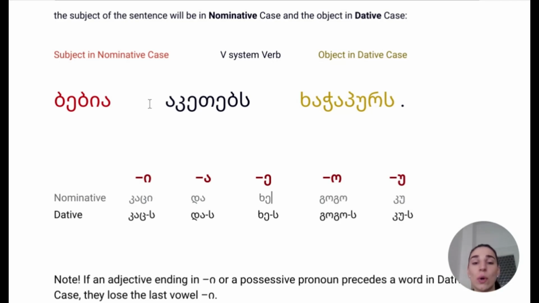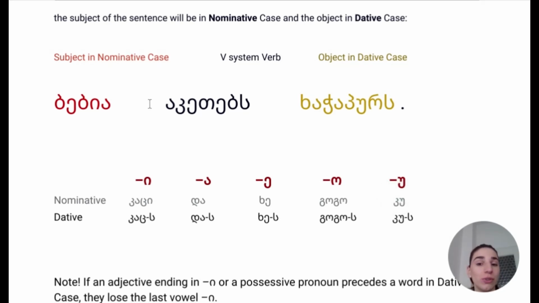Gogo means a girl, and it becomes gogos. If it was a word like poto, then it would be potos. Ku means a turtle, right? Do you know Kustba in Tbilisi, Turtle Lake? Kustba means the lake of the turtle, Turtle's Lake, okay?